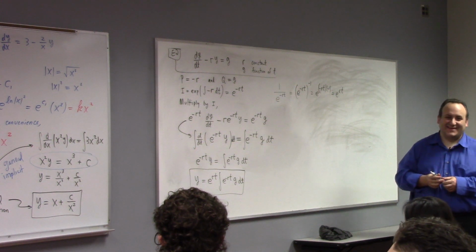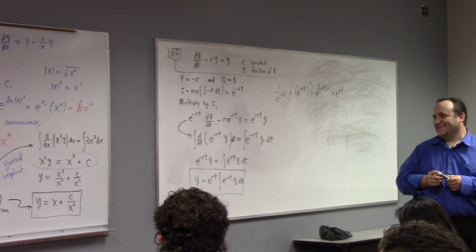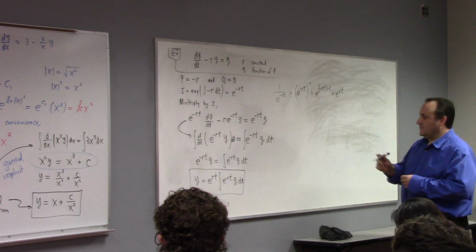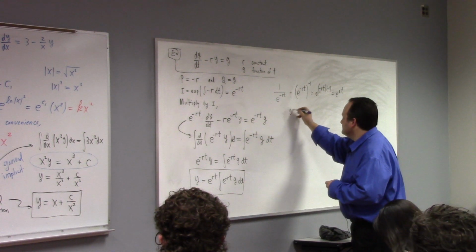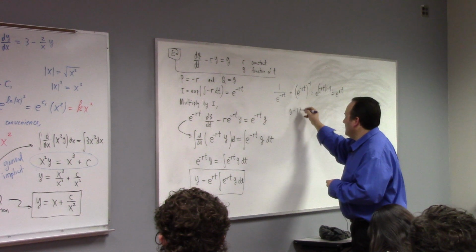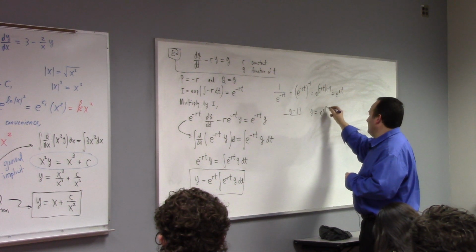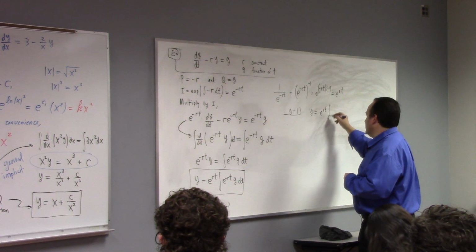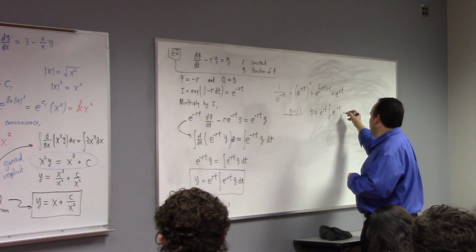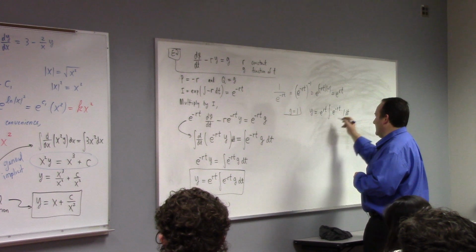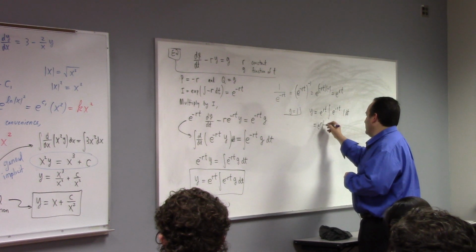No, G is not gravity here. So, let's put G equal to 1. What happens if we put G equal to 1? We've got y equals e to the RT times the integral of e to the minus RT times 1 dt. What solution do we get in that case? E to the RT times what?